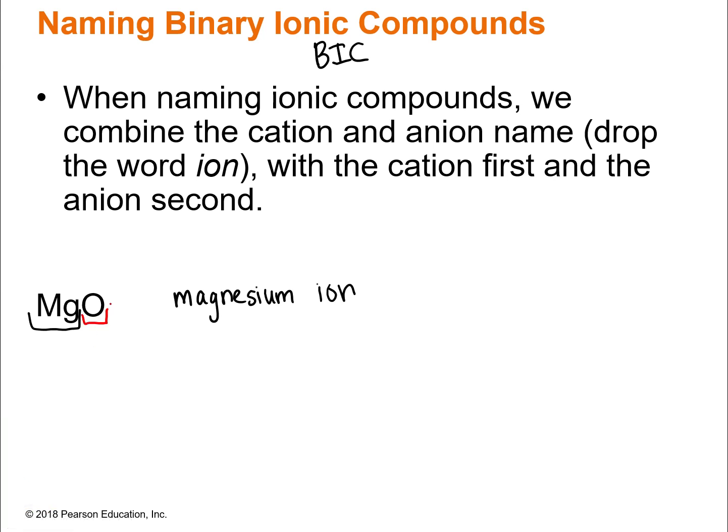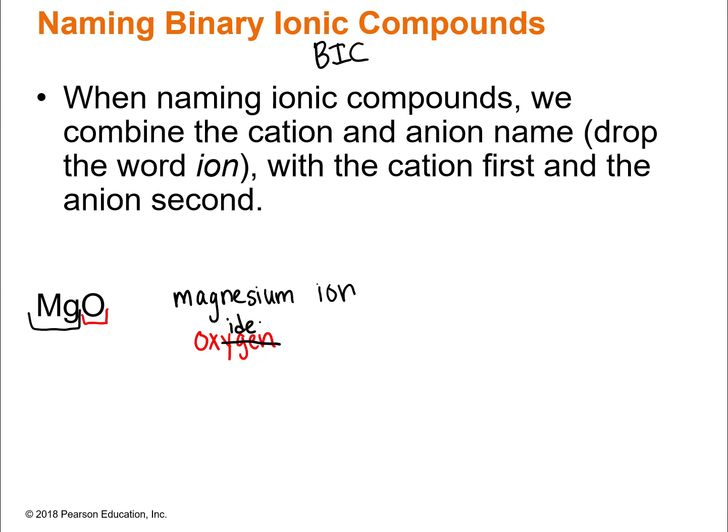Then we look at oxygen. If we were going to name that anion, you'd start with the atom, and then you get rid of everything after that root. So ox is like the first syllable, that's the root of the word.